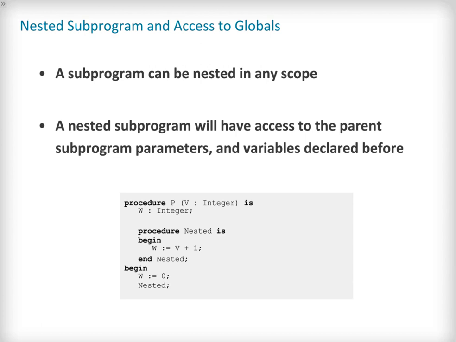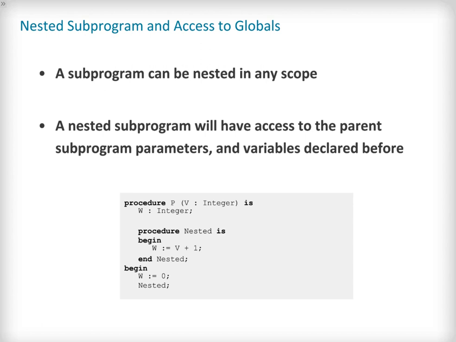Let's get back to subprogram implementation. It is possible to nest one subprogram within another subprogram, as to have some kind of a local subprogram. This nested subprogram will have access to the parent data that are declared before its own declaration. It will have access to the parent subprogram parameters as well.